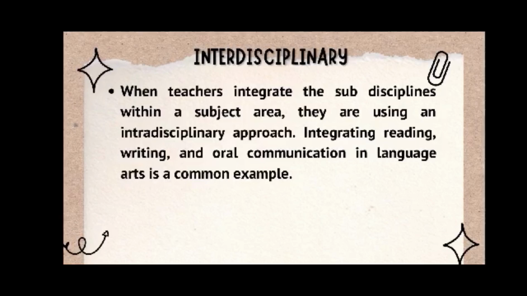For example, they talk about climate change. Because of climate change, these kalamidad happen. The cause of climate change is burning fossil fuels, which results in this kind of kalamidad. So from that, we are integrating two subjects, which are AP and science.